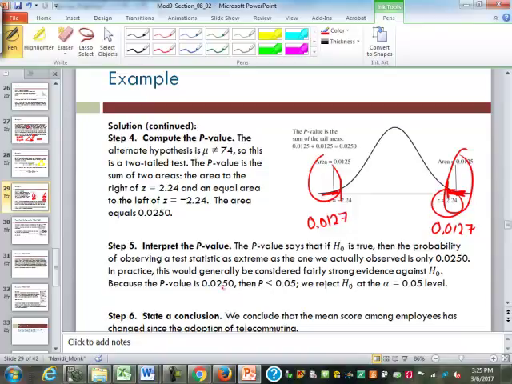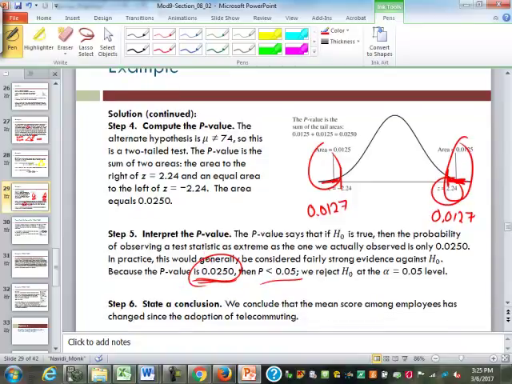And they're saying 0.0250, so there's some rounding errors again. Since their p-value is less than alpha, we're still going to reject. So even though it was a two-tailed test and not a one-tailed test, we still are going to reject that. So our conclusion is we conclude that the mean score among employees has changed since the adoption of telecommuting.